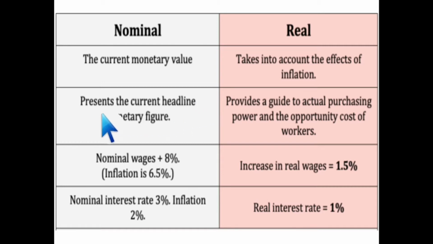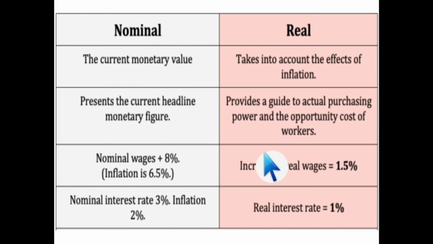Secondly, nominal presents the current headline monetary figure, and real provides the actual purchasing power and opportunity cost of the workers as well. See an example: if nominal wages are 8%, where we have found inflation is 6.5%, then 6.5% is included in the 8%, which is the nominal value.